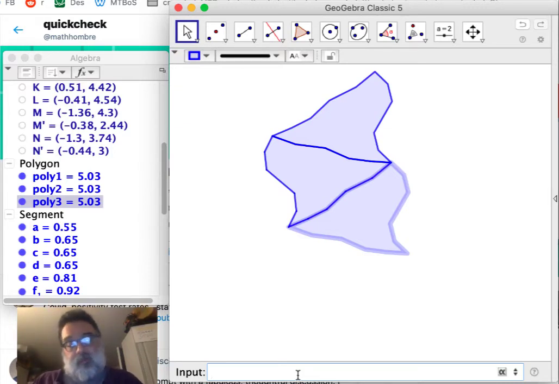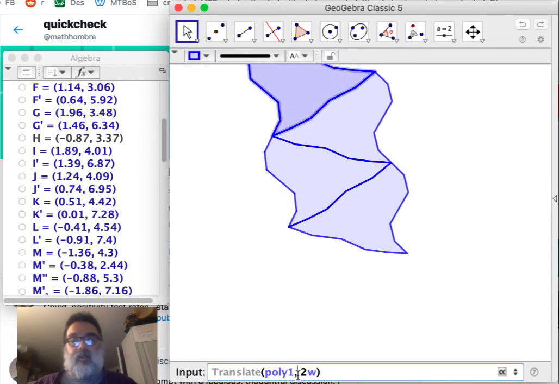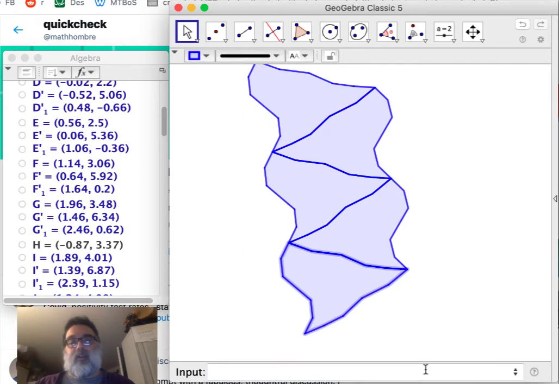So all we're left with is the double translation. So I'll translate our poly 1 by 2W. So that's nice up there. And then I can get another one by going minus 2W. Okay. All right. So pretty good off to that side.